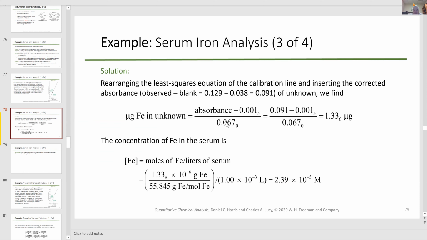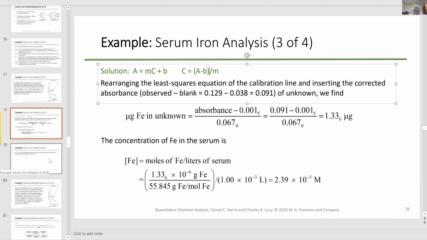So the transfer function is A equals MC plus B. And if you invert that, C equals A minus B over M. So there's A minus B divided by M there. So that's basically how you do that.